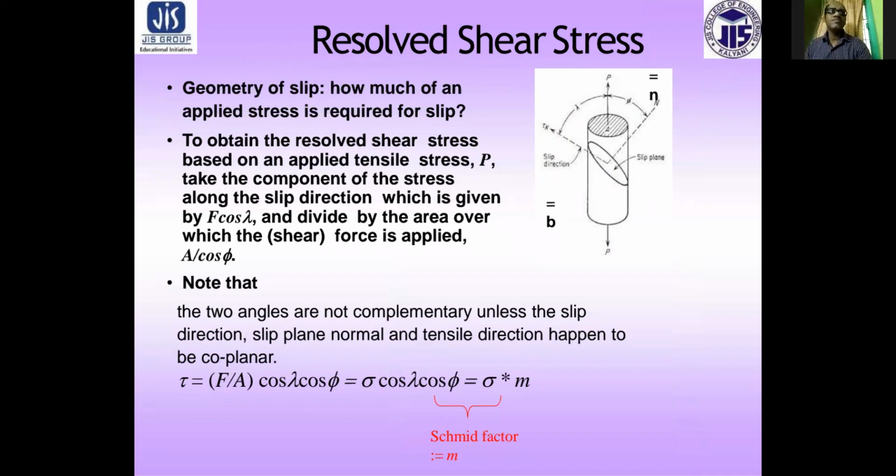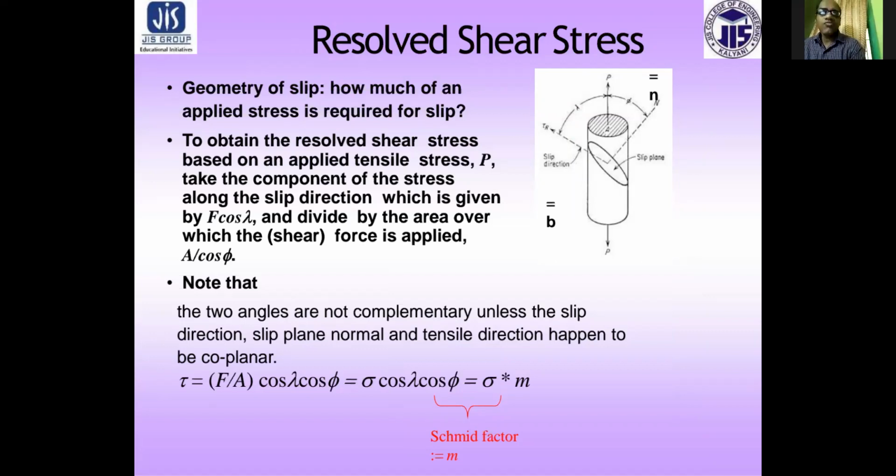Therefore, sigma t in this equation, that is tau resolved equal to sigma t cos lambda cos phi, must be increased in such a way that tau resolved is all the time higher than the tau critical for the continuous plastic deformation. That is, continuously increasing stress is necessary for continuous plastic deformation. This phenomenon is called geometric hardening. The material becomes hard during plastic deformation.